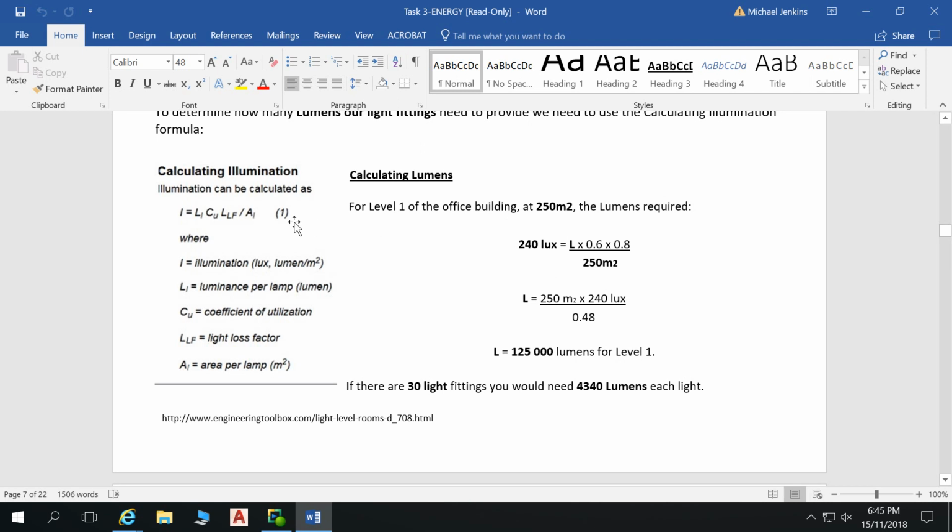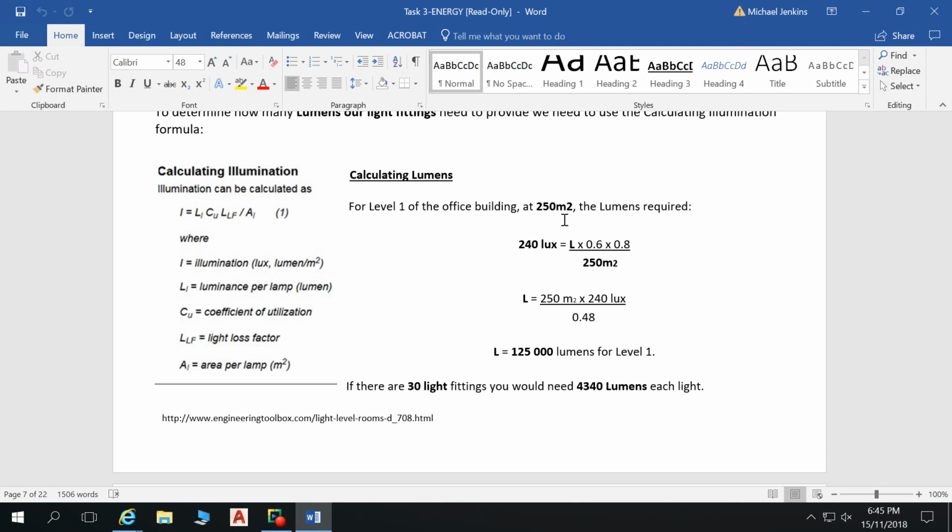So if we take this, our illumination equals our luminance per lamp multiplied by our coefficient of utilisation, multiplied by our light loss factor, and divided by A, our area per lamp. So we're treating this calculation as if we're just lighting up that whole area with one lamp.